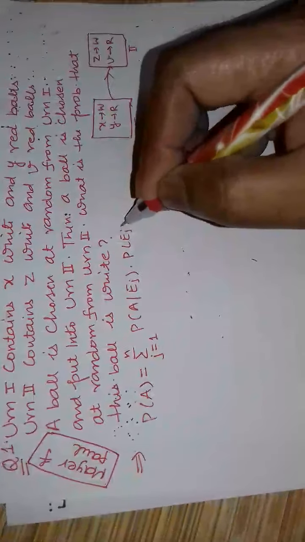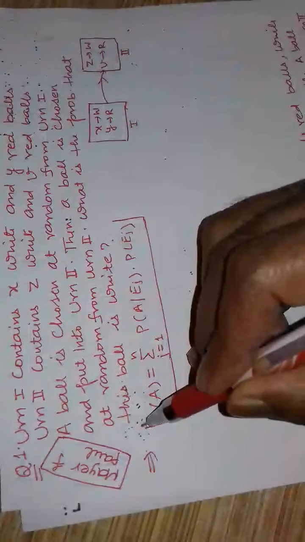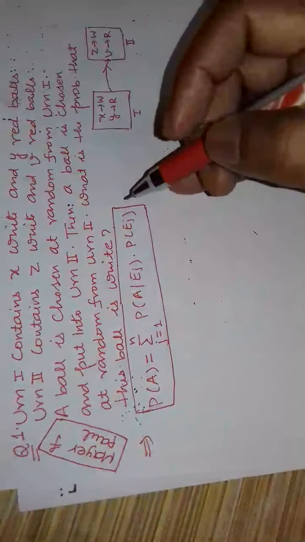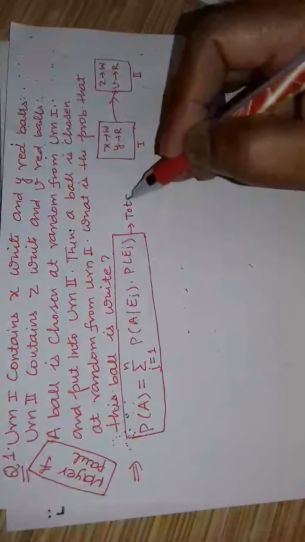So this is the formula for total probability. In detail you have studied it. I explained it in the first unit in probability theory very well, and in any other class I will also explain it if you need it. So this is the total probability theorem.